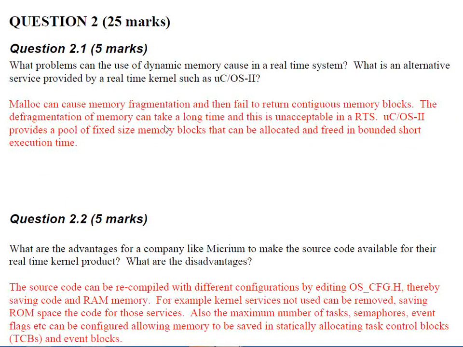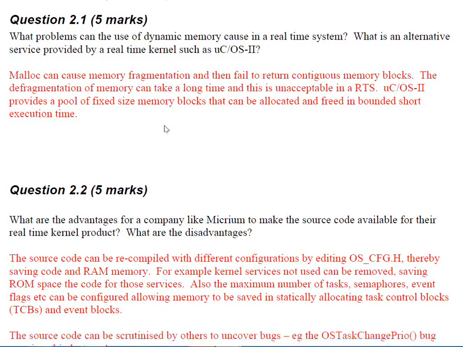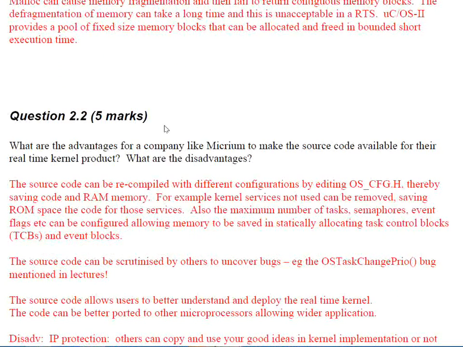So that's about saving ROM, read-only memory. And the other thing is you can specify a different maximum number of tasks, event blocks and so on, which saves RAM memory. So there is this OS task change prior that you used in one of the labs that had a bug in it that you could actually fix. So you fixed that bug in the lab yourselves.